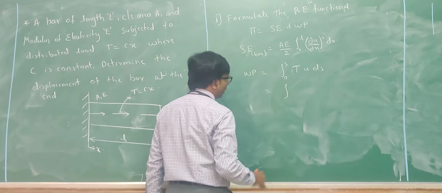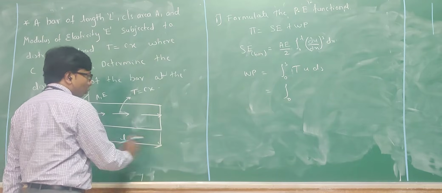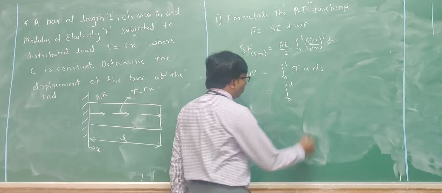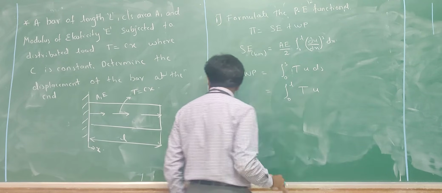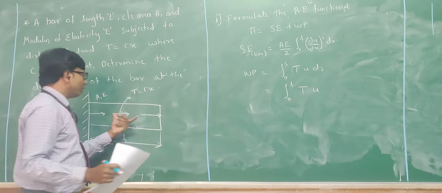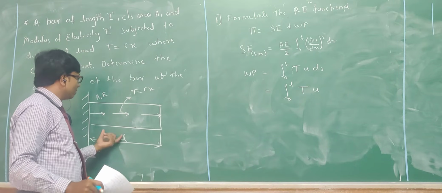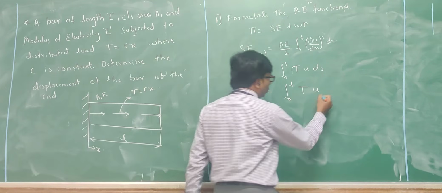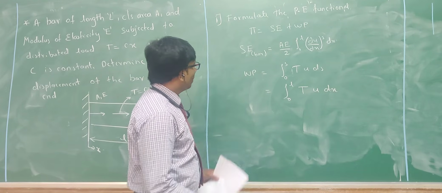The integral goes from 0 to L. The important parameter for the load here is the length along the x axis, applied along the length. So it becomes T into U into dx. This is how the formula converts.